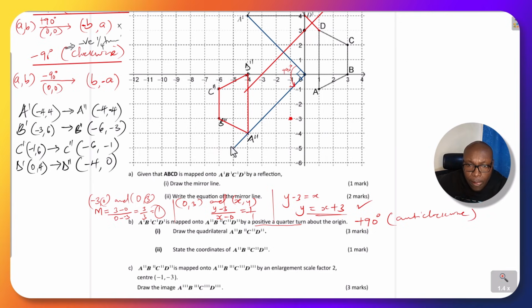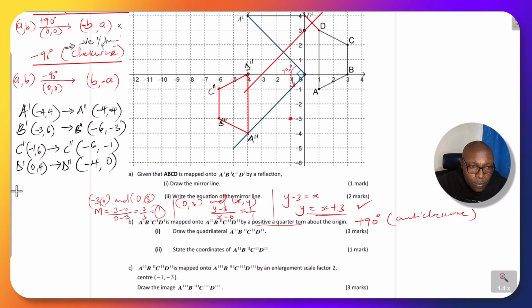So the image cannot be here, because then the object and the image would be on opposite sides, and that happens when we have a negative scale factor. Because this one is a positive scale factor, the object and the image are supposed to be on the same side.